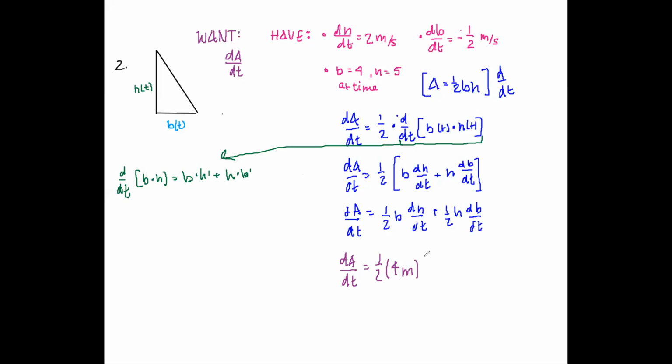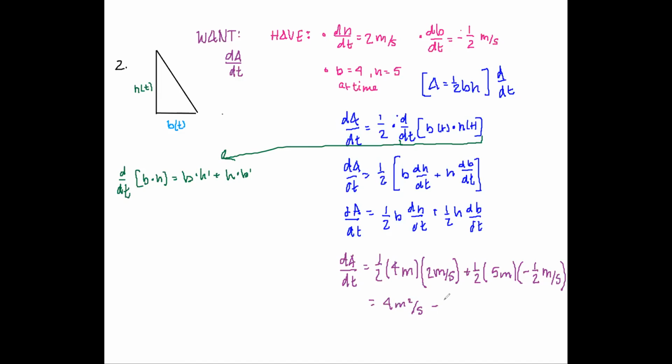You're good. And then dH dt is equal to what? That is 2 meters per second. And so this is a change, increasing a second. Okay. And then plus 1/2 times h, which is going to be 5 meters. And then dB dt is going to be negative 1/2 meters per second. Got it. So this will be 1/2 times 4 times 2, which will be 4 meters squared per second.